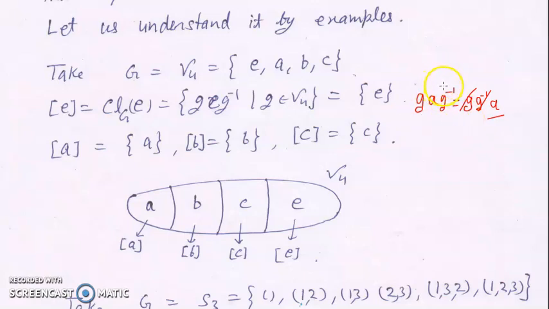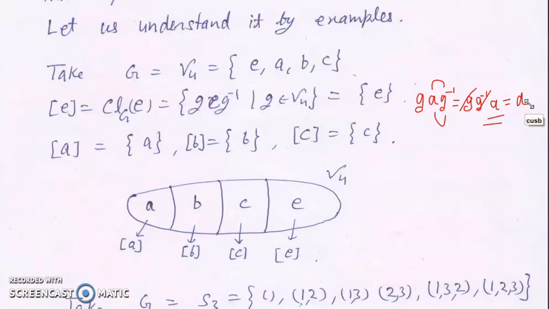Because it is an abelian group, we can shift the elements around and write it as G inverse G A, but then G inverse G will cancel out and we will get A. So whenever we take any element and determine its conjugacy class, it will give you the same element.